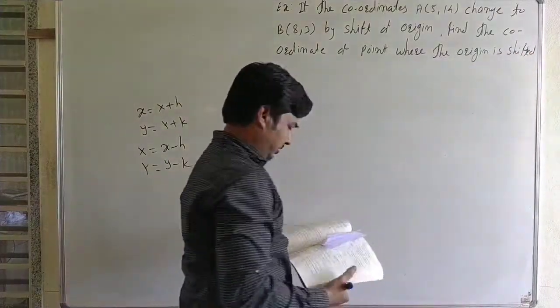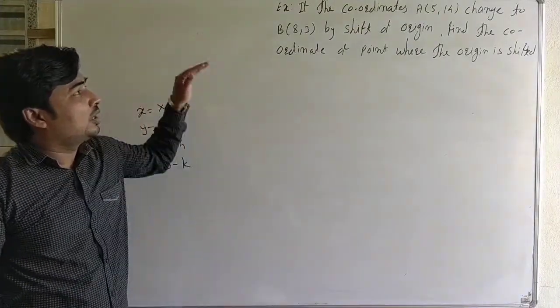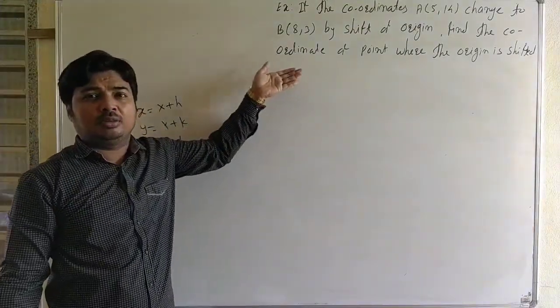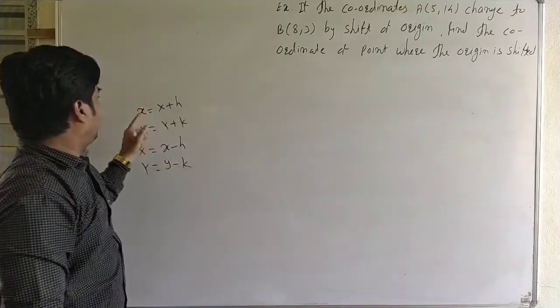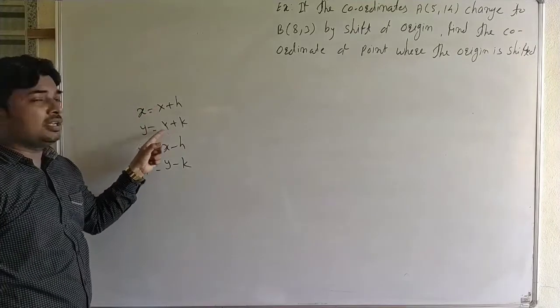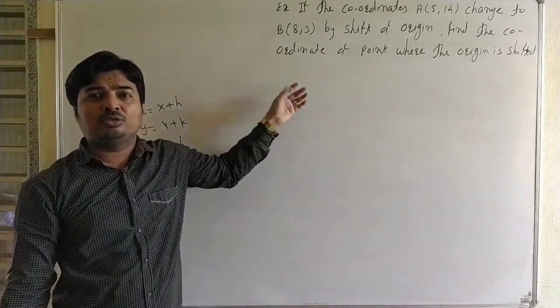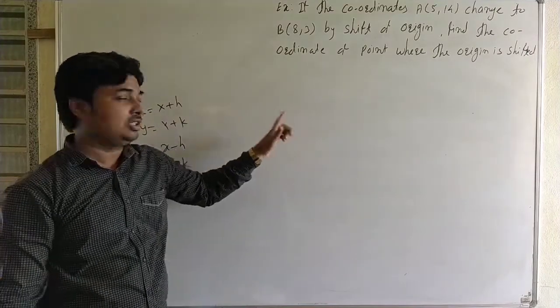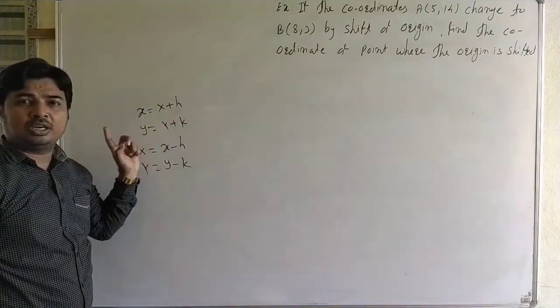The origin is shifted. Okay, now in the last two examples we were given old coordinates, and by shifting the origin we found the new coordinates. That means given small x and y, we find capital X and capital Y. In the second example, we were given the new coordinates and found the old coordinates, that is, given capital X and Y, we find small x and y.